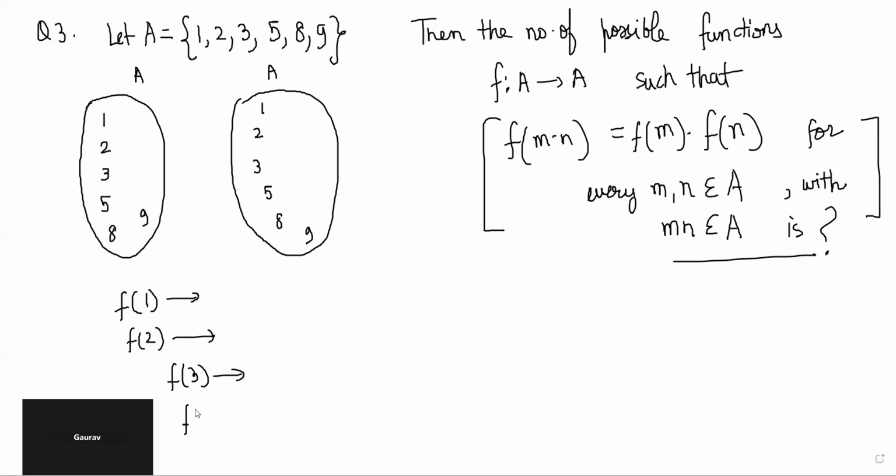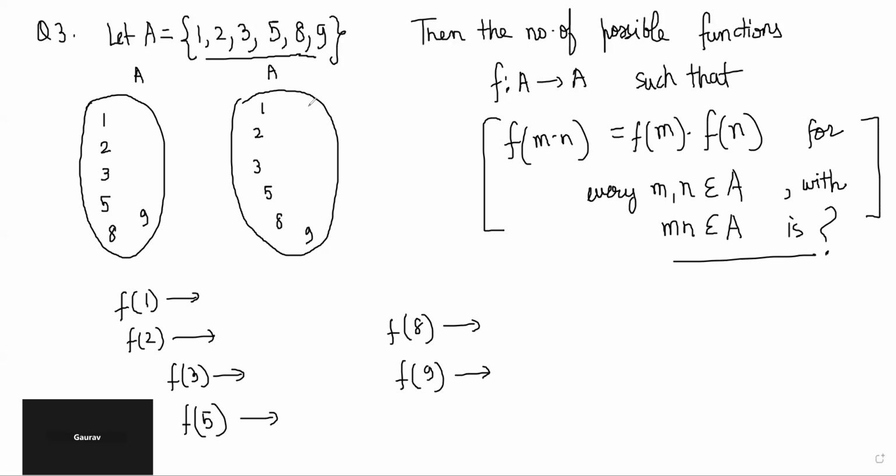If you can figure out what the mappings are for each of the inputs, then you know what the function is, right? So f of 1 has nine choices from A. No. How can you say 9 choices when there are only 6 elements?